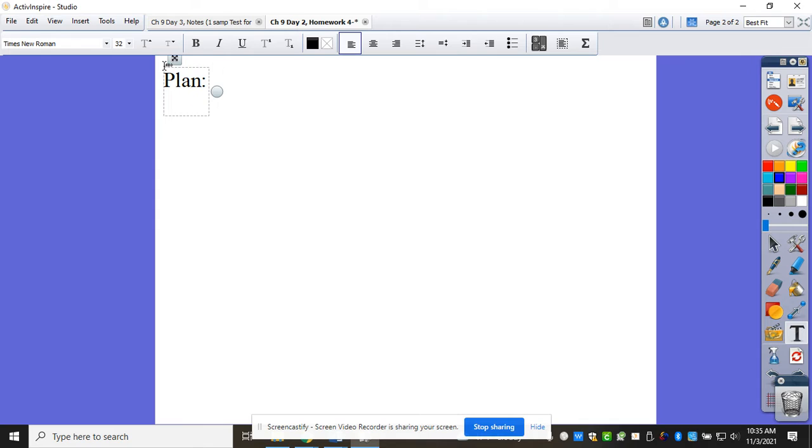First part of plan. What is the method? What do I need to do with that?